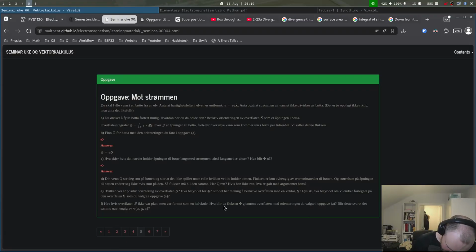So if you have this surface here, it's somewhat hard to make this drawing, but we're doing our best. It's a 3D surface like that, and this is of course the bottom of the surface here.